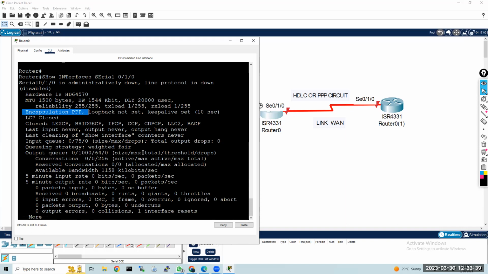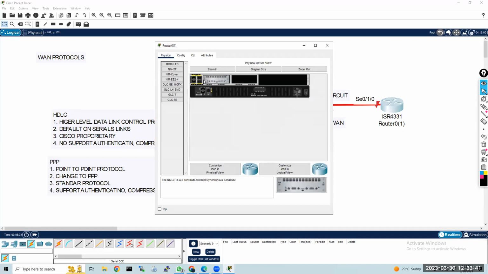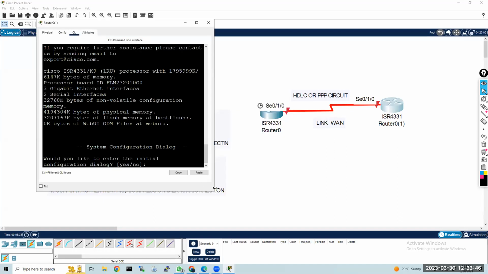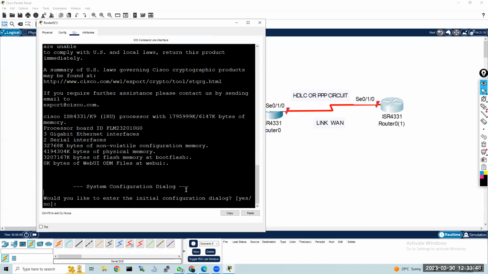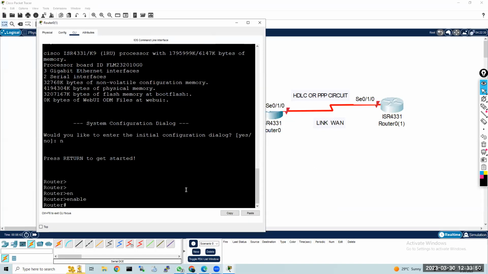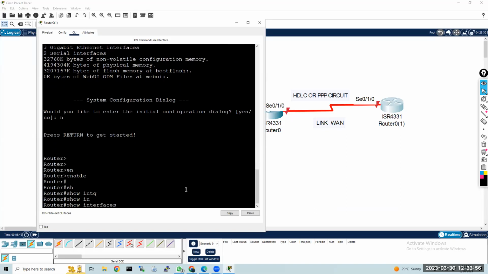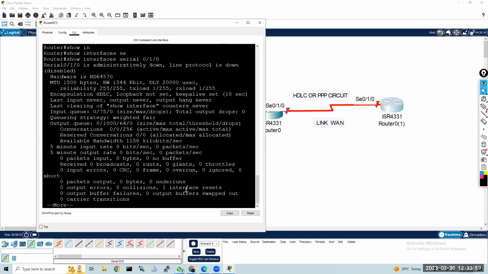Okay, if you check from the other side, let's say I'll check this router. It's okay, because all interfaces are down. Once you give the IP address, it will come up, right? Okay, show interface serial 0/1/0.